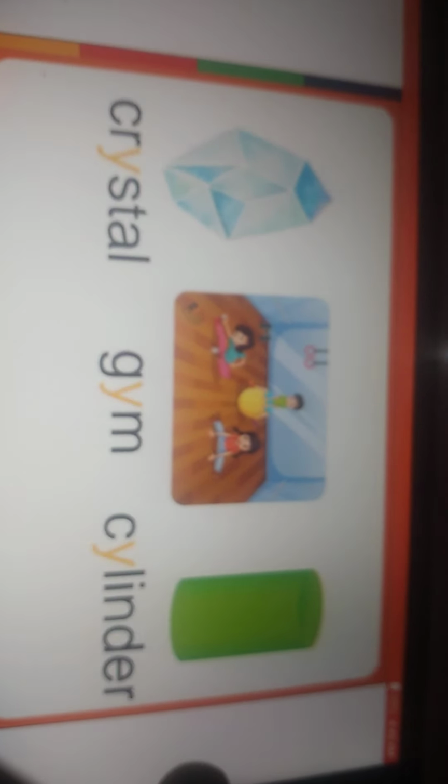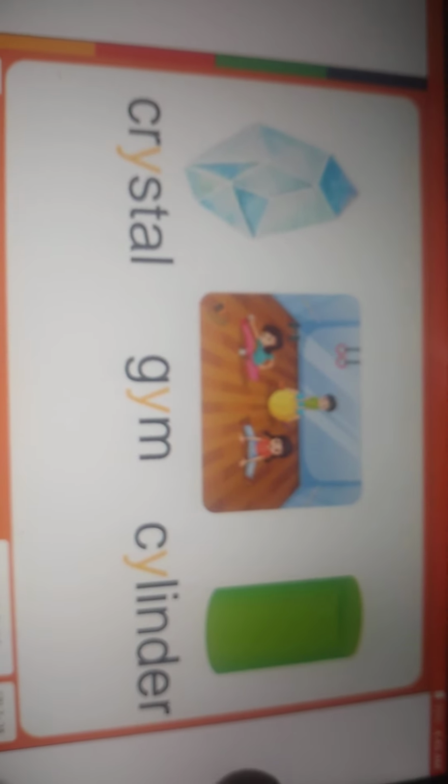So here you see, children, what are all the pictures you see? Yes, crystal, gym, cylinder. Crystal, gym, cylinder. So where is the position of letter Y? Yes, in the middle of the word. It comes in the middle of the word. So how will the sound be? Let's see.